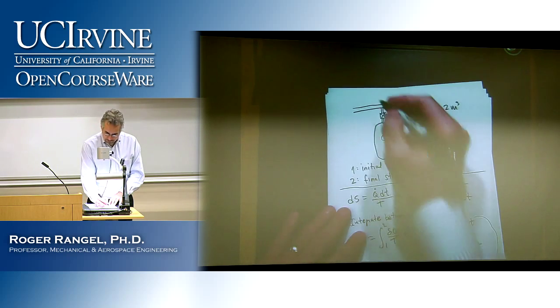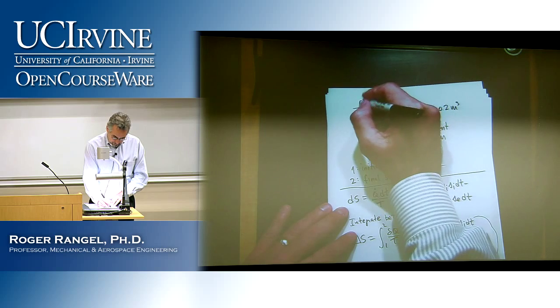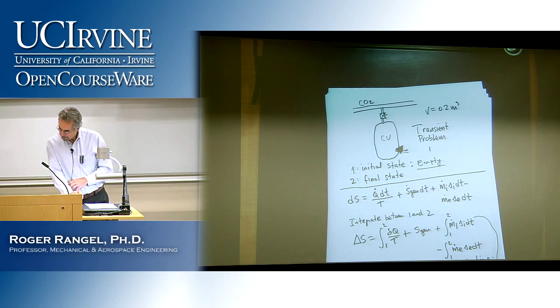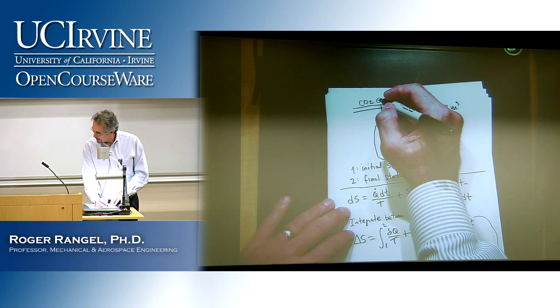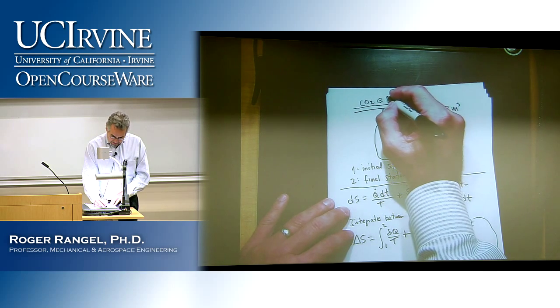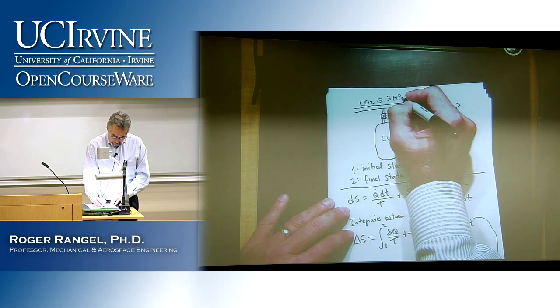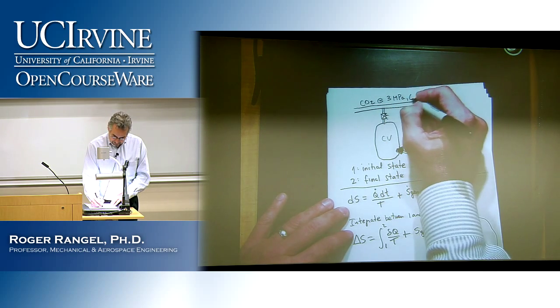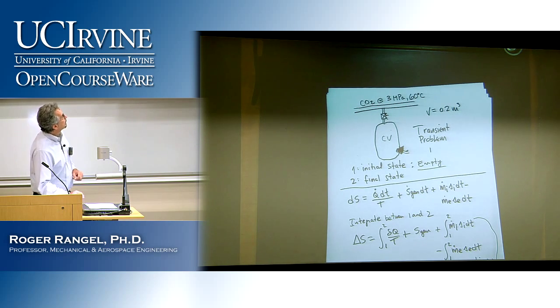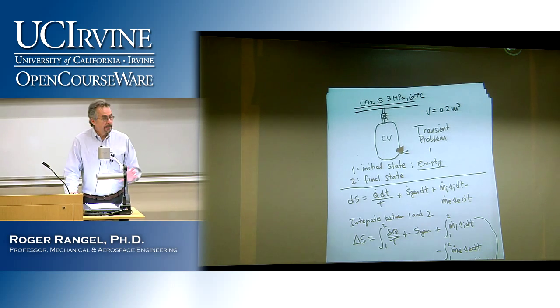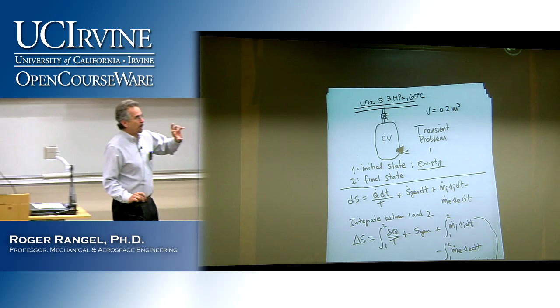And what is flowing through this line is CO2. This CO2 is at 3 megapascals and it's at 60 Celsius. That's the CO2 that is flowing through there. So the container is empty. Then I will open the valve.